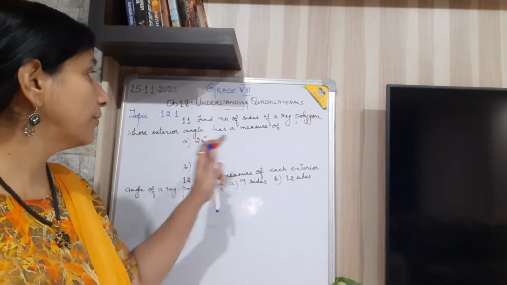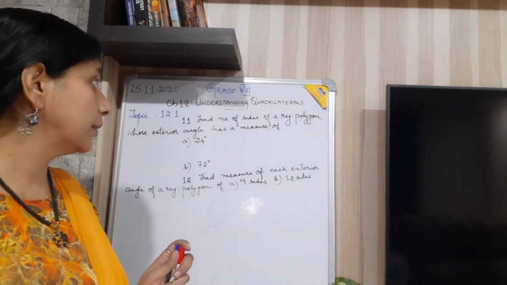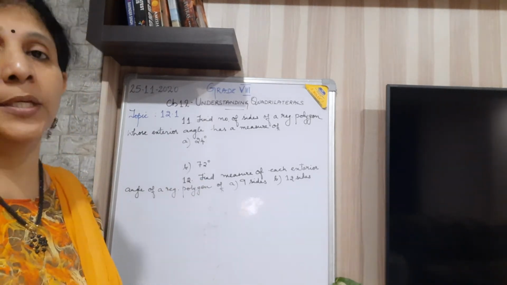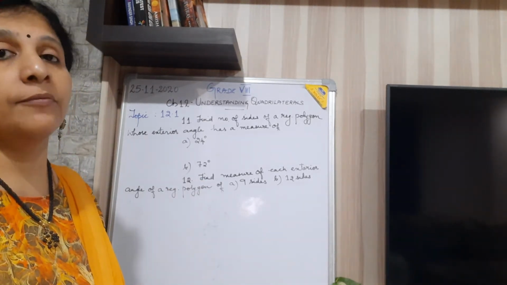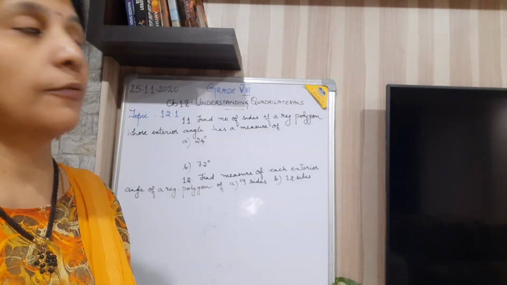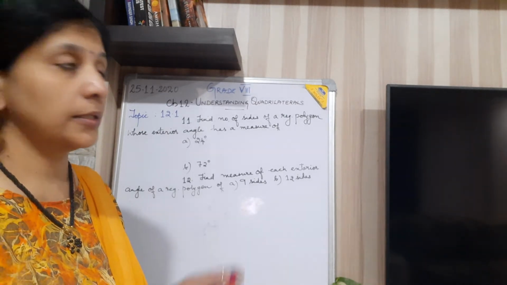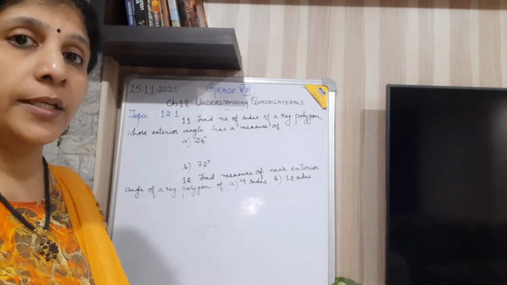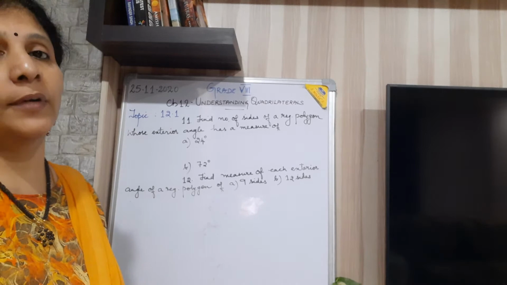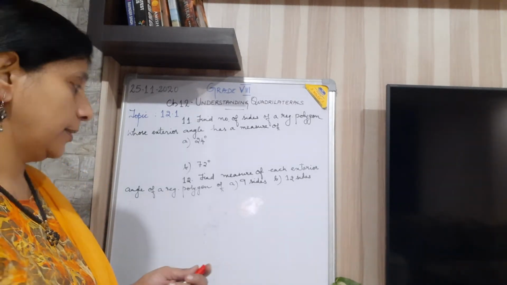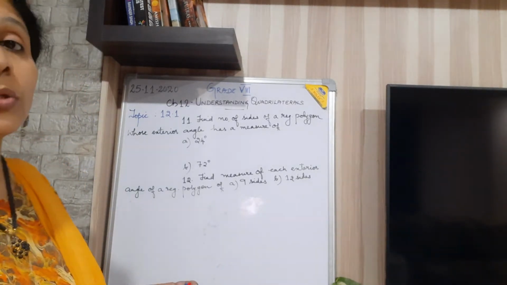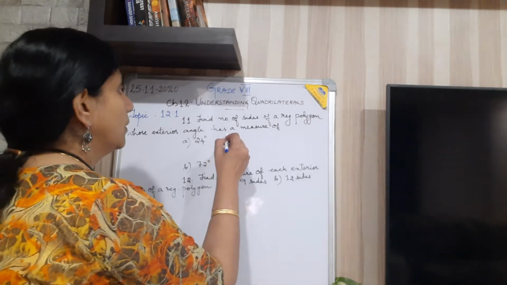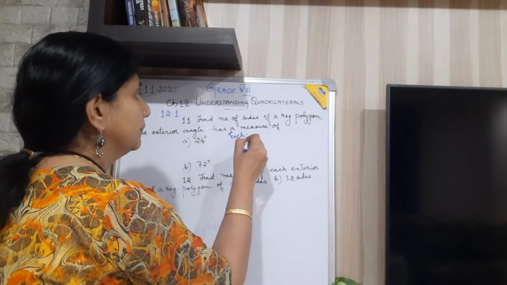Find the number of sides of a regular polygon whose exterior angle has a measure of 24 degree. That means it is different from the previous questions where we found out interior angles. Here it is exterior angle. Sum of all exterior angles is 360, and each exterior angle will be 360 divided by number of sides. Now number of sides you have to find out, and each exterior angle is given.